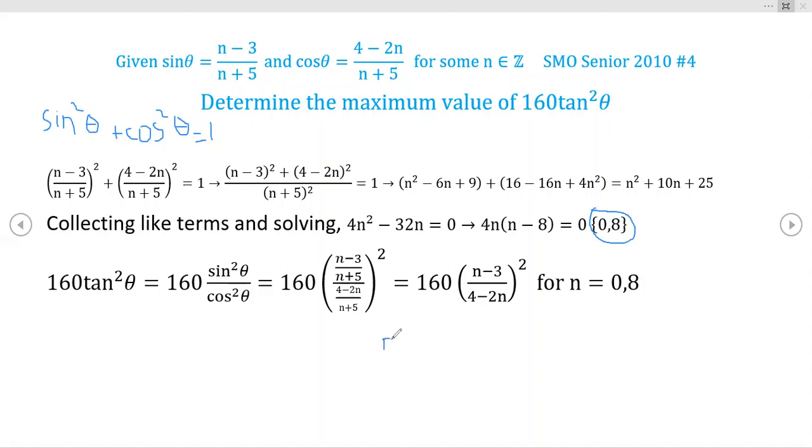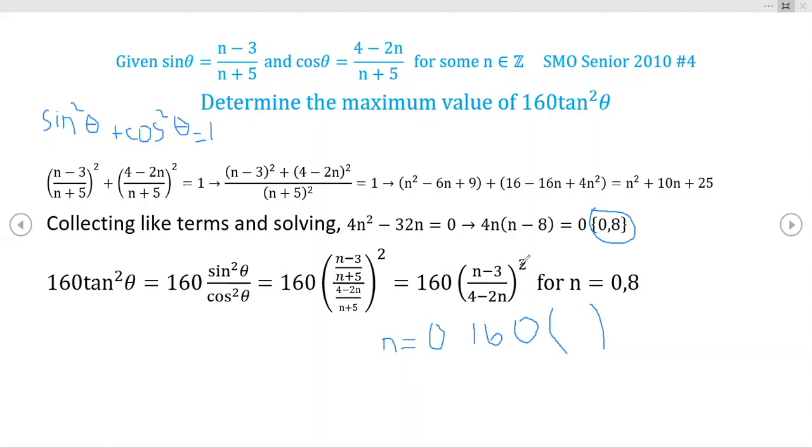So for n equals 0, that gives us 160. Now here's where I have to be careful. I'll go ahead and write the parentheses here, folks. If you put 0 here, you get 3.